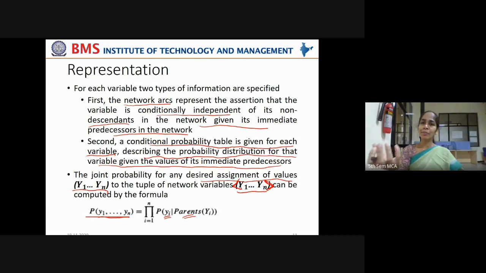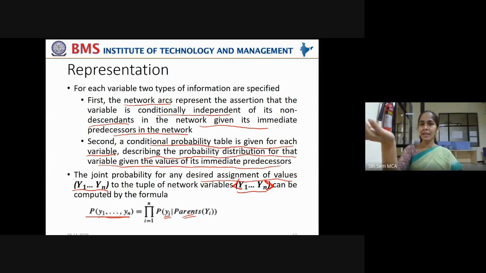Probability of occurrence of lightning will increase or reduce the probability of occurrence of thunder.